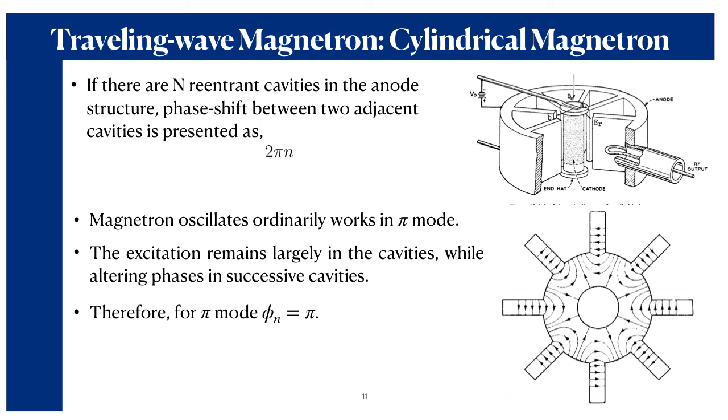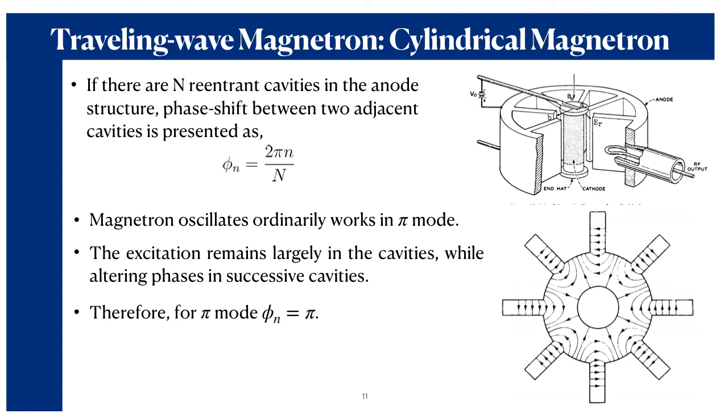But since there exist N resonant cavities, the phase shift between two adjacent cavities should be 2 pi n over N, where the small n stands for the integer and the capital N stands for the number of resonant cavities. So the phase shift between two adjacent cavities can be represented as this one. When you add up all the phase shifts for all the resonant cavities, they will give you an integer multiple of 2 pi.